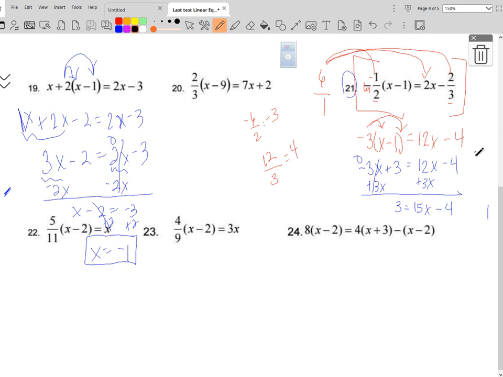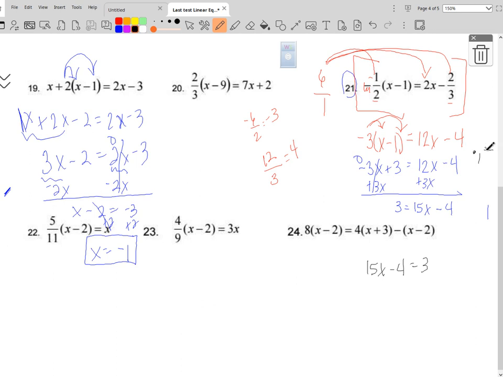So I need to undo the times, and I need to undo this minus. I'm going to start with the minus, right? You want to write it as 15x minus 4 equals 3. You could do that. But it doesn't change what we're going to do, right? Which one are we going to undo first? The subtraction or the multiplication? Subtraction.